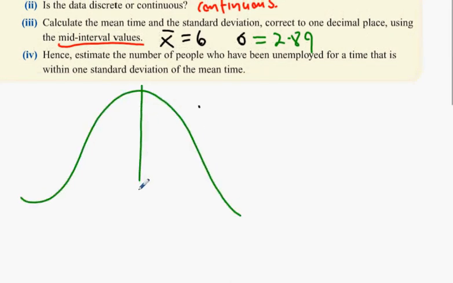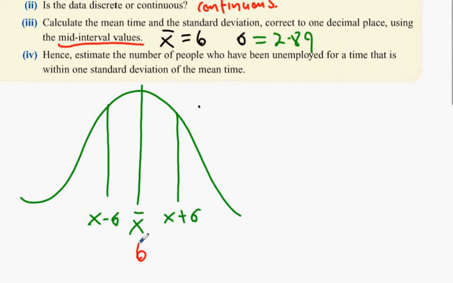If you have your average, which is dead center, what's 1 standard deviation to the left? 1 standard deviation to the left is x minus a standard deviation, and then x plus a standard deviation. In our case, it would be 6. Take away 2.89 from 6, we get 3.11, and then add on a standard deviation and we get 8.89.